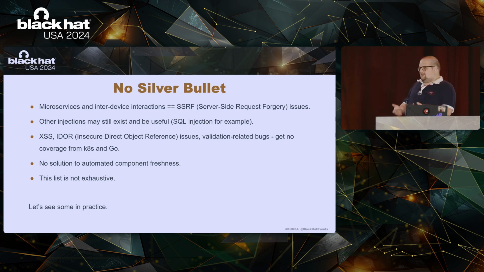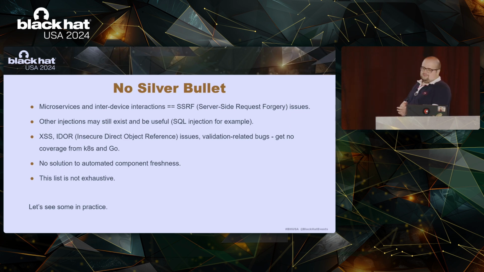Other injections, other than command injection, might still exist and be useful. So while we do have separate database accounts, there is nothing inherent in Golang or Kubernetes or any of the technologies named that prevents SQL injection from appearing, even if you have access only to a small portion of the database.